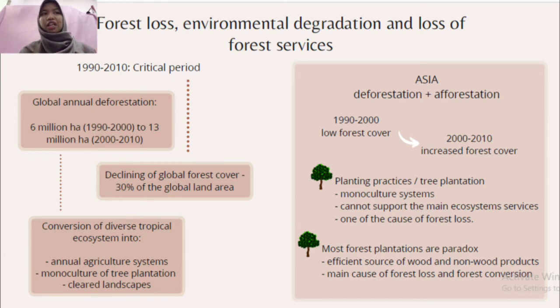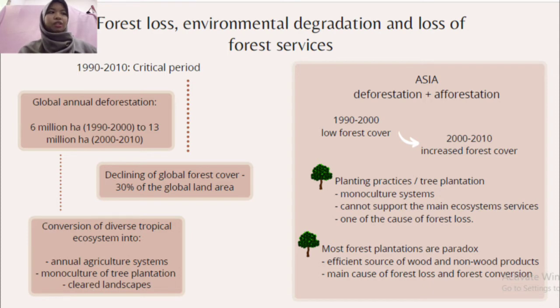So when the global annual deforestation rate decreases, it shows that our forest has very few trees left. It also shows that the global forest cover is declining, to around 30% of the global land area, which is actually a huge area.